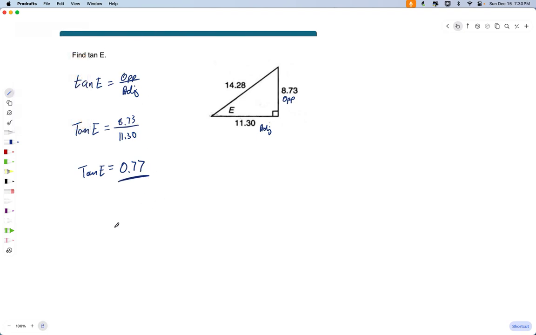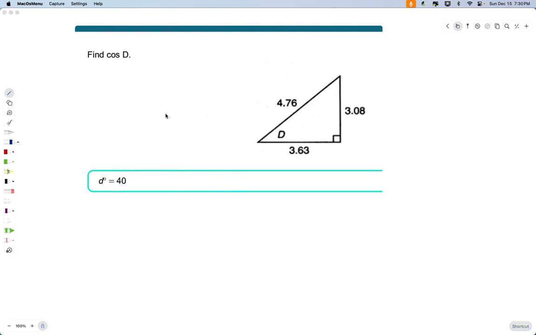Let's look at the next one. All right, we're going to find the cosine of D. So the cosine of D, that's CAH, so that's adjacent over hypotenuse. So the cosine of D is going to be, you've got the opposite here, and this has to be the adjacent side, and this is the hypotenuse.